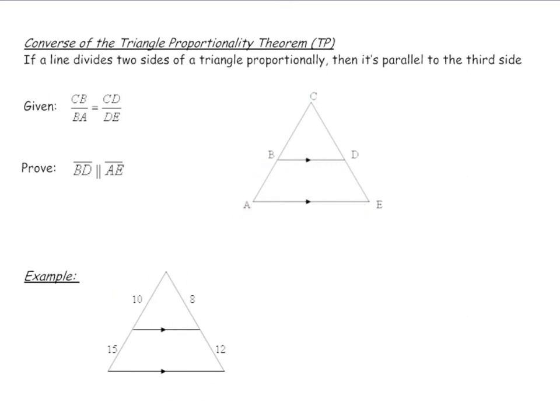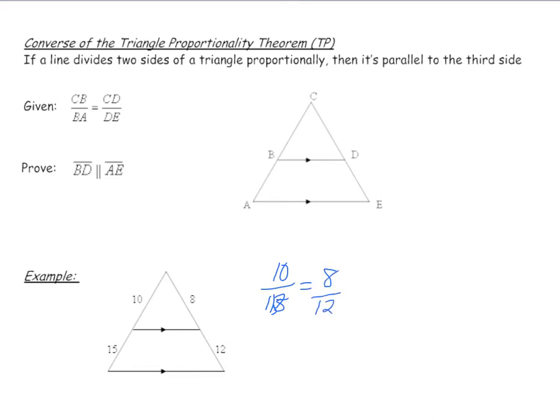So in our example here, we're going to take a look. If I can show that 10 over 15 equals 8 over 12, then I know that this line is parallel to this line. And we're just going to quickly show that and make sure that that is true. So 10 over 15 equals 8 over 12.